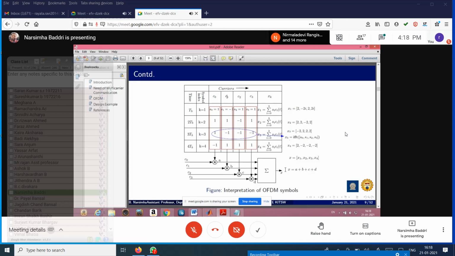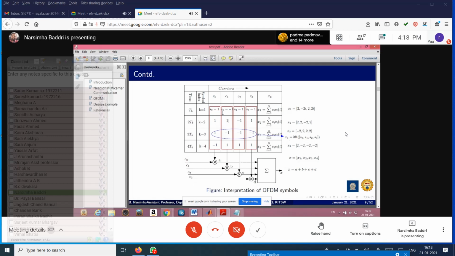And the same thing in general OFDM: whenever we write a program for OFDM, we will use FFT, simply IFFT. Okay, you see here, if you observe this data row-wise, in the block diagram below, what we are doing is column-wise data is taken and modulated with individual carriers, and the resultant modulated waves are summed.